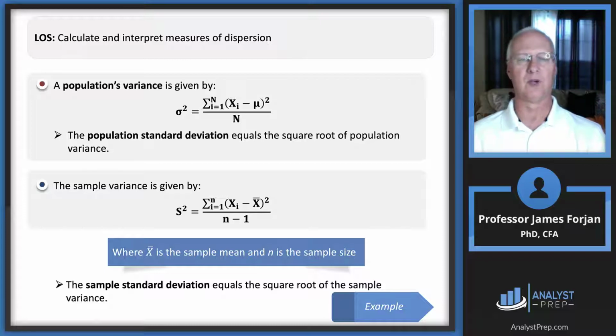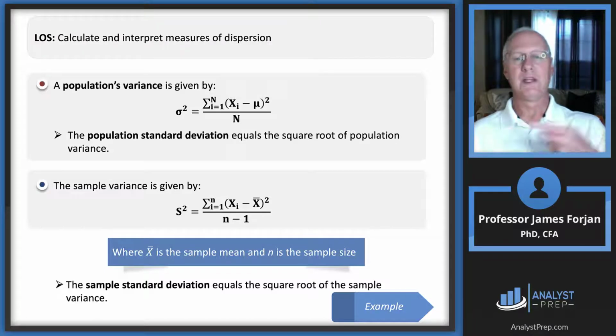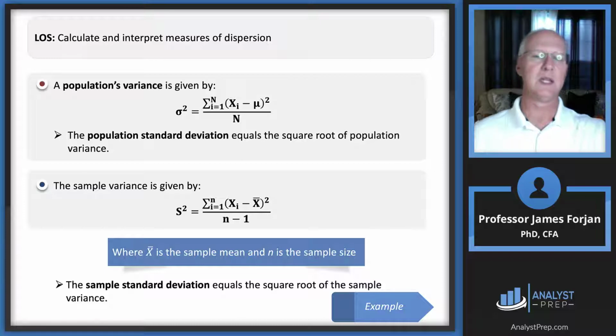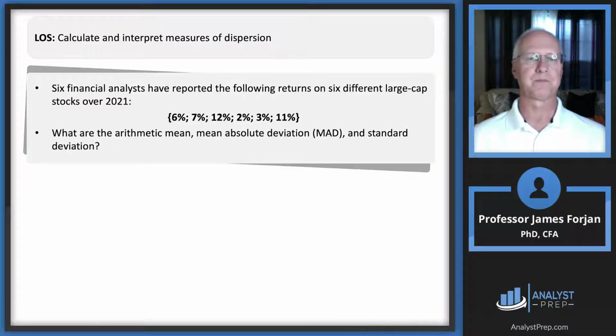Those are known as degrees of freedom. And I'll give you a good sense of degrees of freedom in the next handful of readings. So remember, divide by n for population variance, divide by n minus 1 for the sample variance, and then you take the square root of those two to get the population standard deviation and the sample standard deviation.